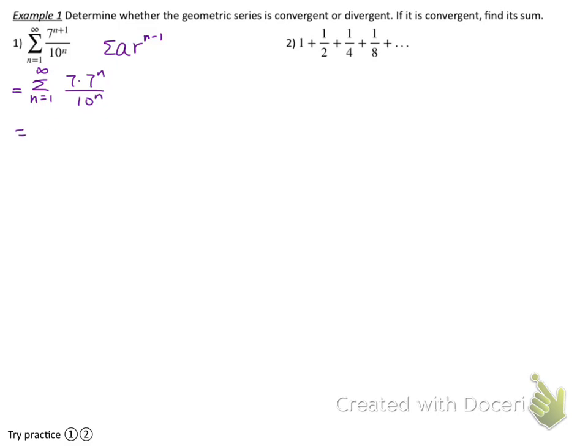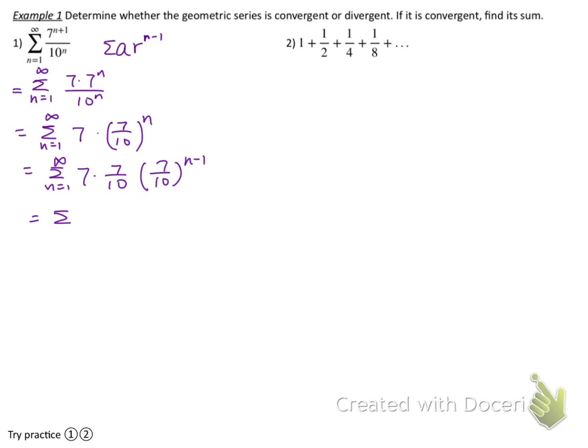So this will be 7 times 7 over 10 to the nth power, and then that would be 7 times 7 over 10 times 7 over 10 to the n minus 1. You need that n minus 1 power, okay? And that is 49 over 10 times 7 over 10 to the n minus 1.